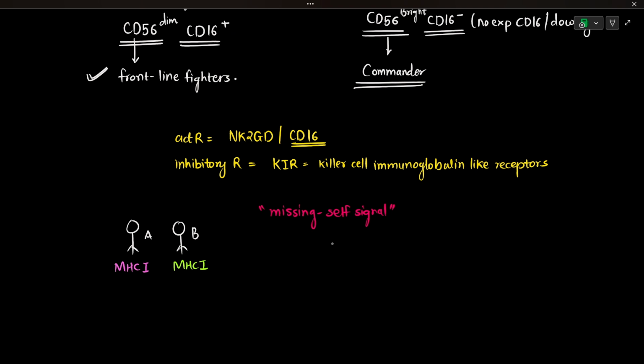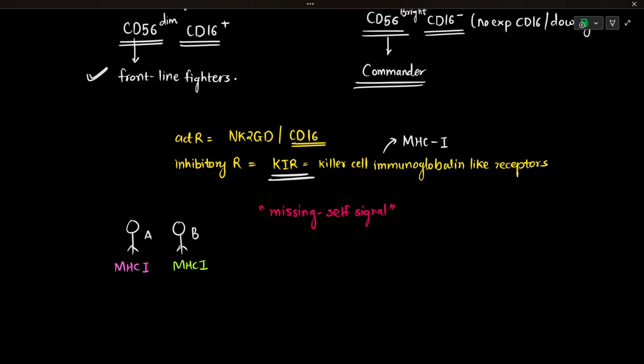The killer cell immunoglobulin like receptors which are present on the natural killer cells recognize the MHC class 1 molecules. Whenever they get activated due to binding to MHC1 class molecules, they are going to inhibit the natural killer cells, because they are like, wait, stop, this is our own cell, so we don't need to kill that, right?